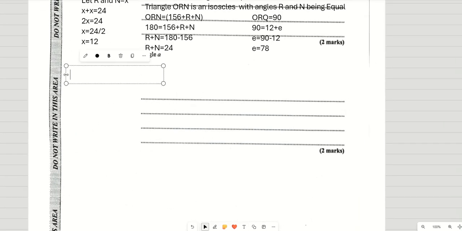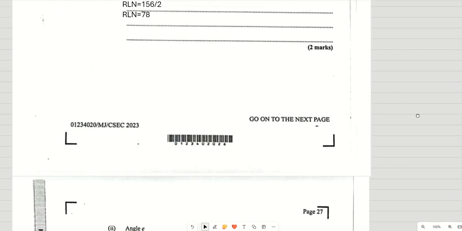So first off, I'm going to start here because I might need some space. We know that angle ORP is equal to 90 degrees. Then we have ORL. What is ORL?